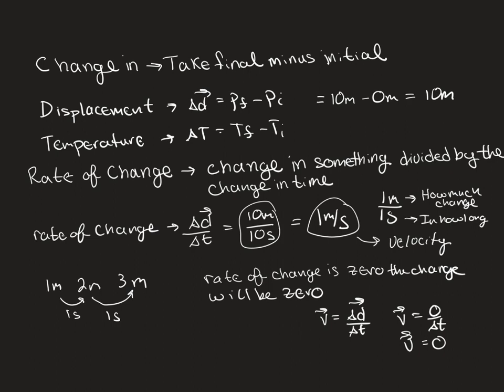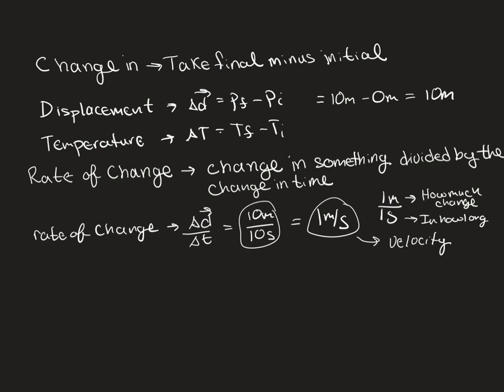The other thing I want to talk about is a constant rate of change versus a non-constant rate of change. What I've described here is a constant rate of change. Every 1 second, we go 1 meter forward. Well, what happens if it's a non-constant rate of change?